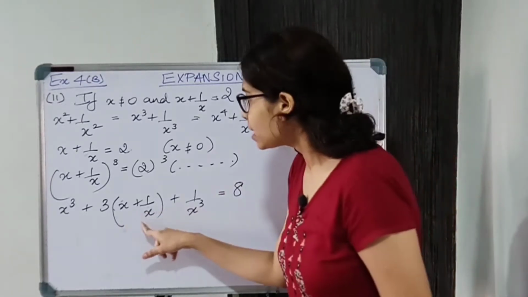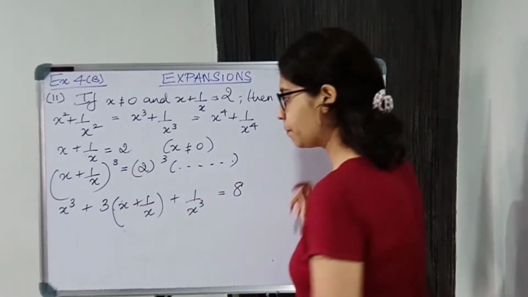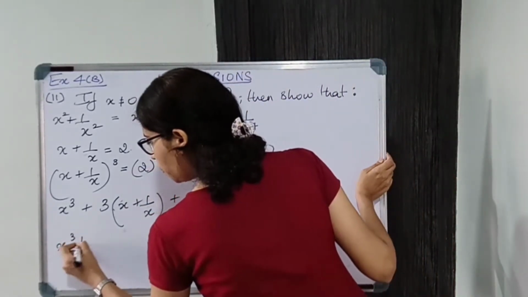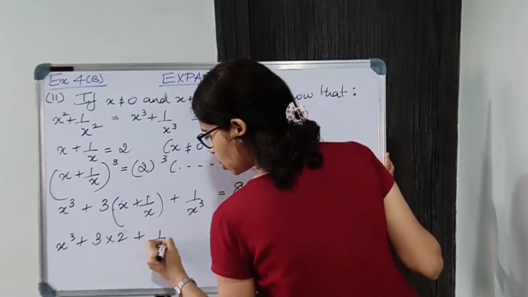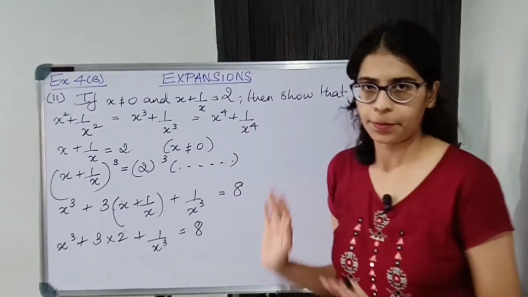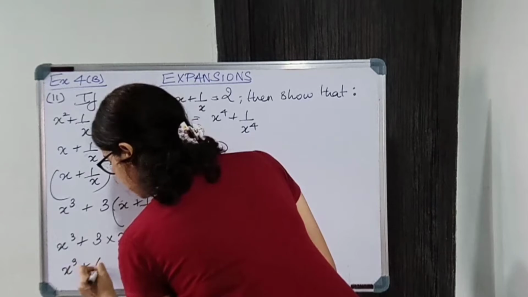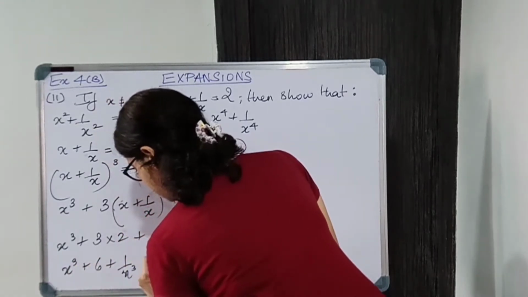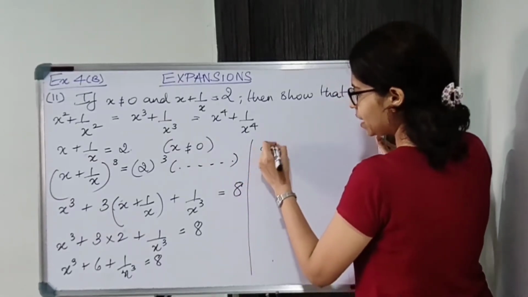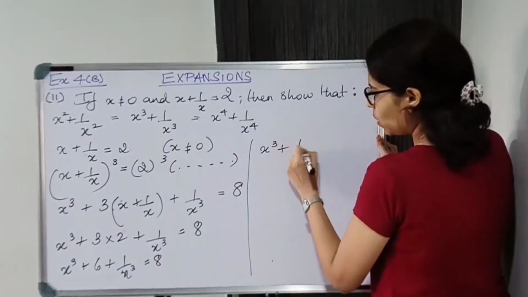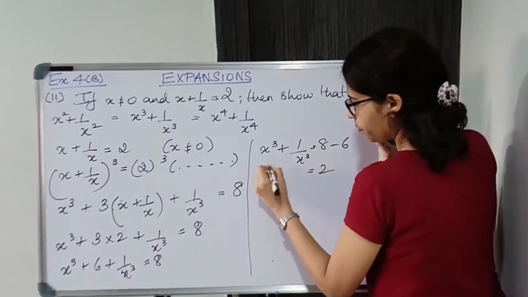So x cube plus 3 into 2 plus 1 upon x cube is equal to 8. This will become 6. I'll shift 6 to the other side. So x cube plus 1 upon x cube is equal to 8 minus 6, which gives 2.